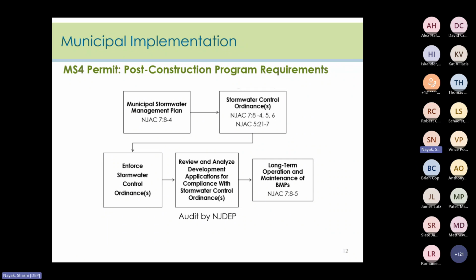In the case of the most recent 7:8 amendments adopted on July 17th of 2023, the municipalities had 1 year to adopt and make effective an SCO that is in accordance with those same rule amendments by July 2024. An SCO must meet the requirements of the Stormwater Management Rule as found in subchapters 4, 5, and 6. The department even created a model SCO for the municipalities to use as a template. Let's take a look at what is in that model.